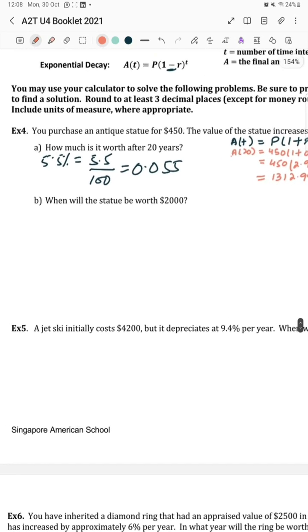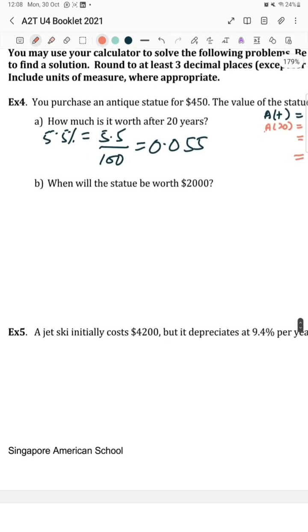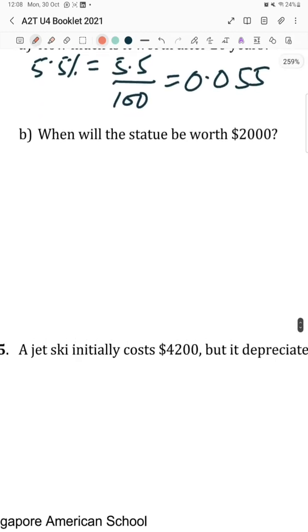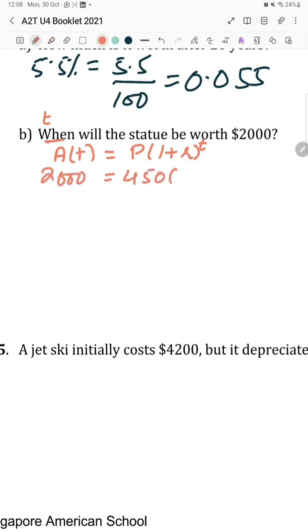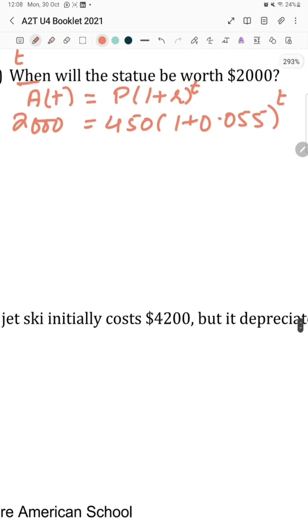Okay, when will the estate be worth $2,000? Now the worth of the estate can be $2,000. So when means time. So A of t is equal to P times (1 plus r) to the power t. It's given: the principal amount is 450, 1 plus 0.055, and we need to find t because it's asking when.